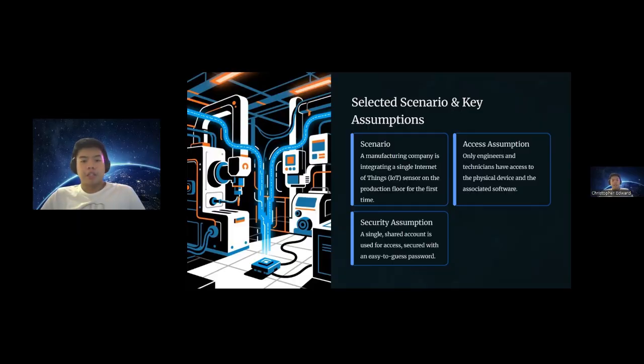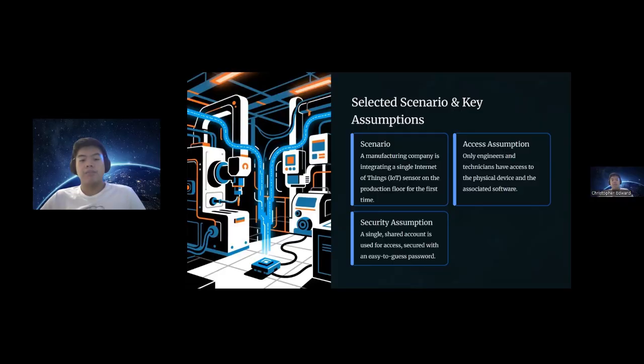So the assumptions that we have here are that only engineers and technicians have physical and software access to the device. And we also have a security assumption, where the company currently uses a single shared account with an easy to guess password, like from a factory reset.